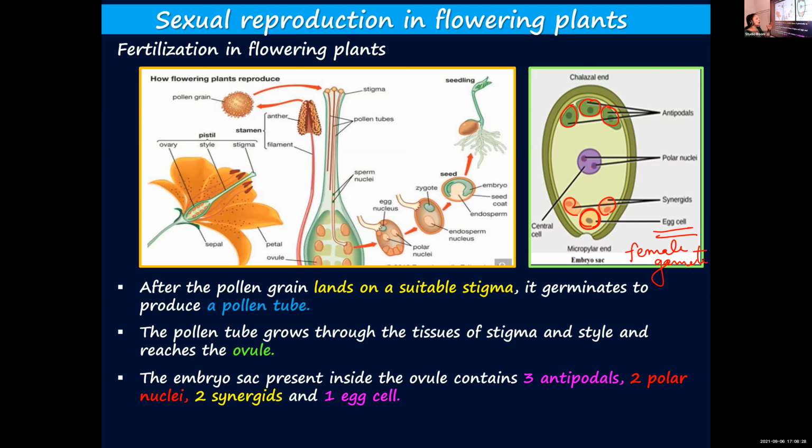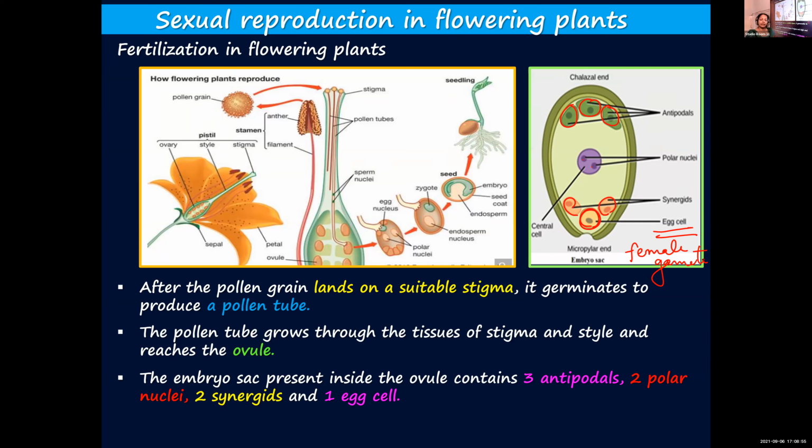Now, once the pollen grains fall on the stigma, they should germinate and form a pollen tube. And through the pollen tube, what will be transferred, children? Why is the pollen tube formed? To transfer the male gametes.